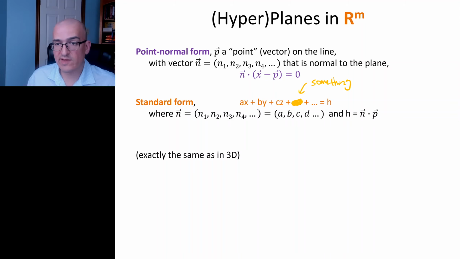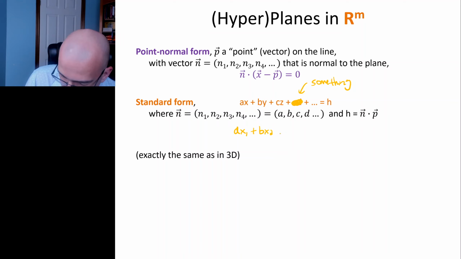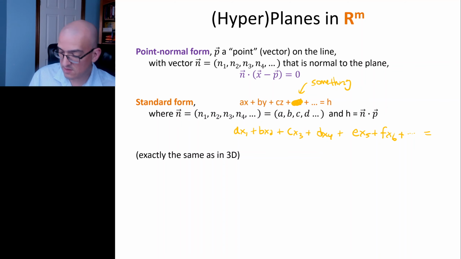So we start running out of letters, so it's better to write ax1 plus bx2 plus cx3 plus dx4 plus ex5 plus fx6 plus dot dot dot equals something at the end, equals some constant.